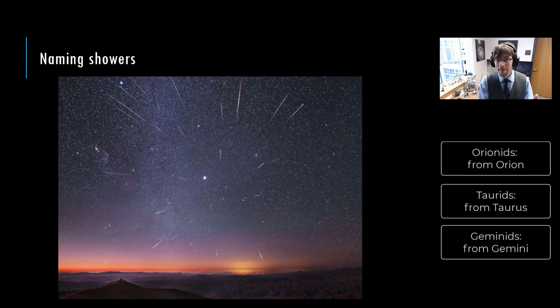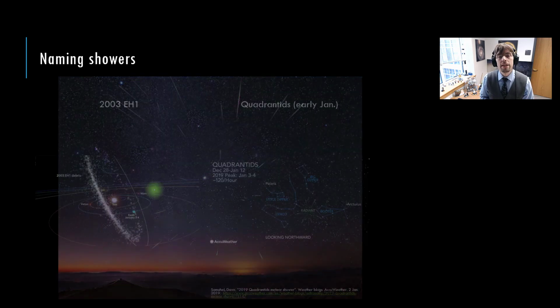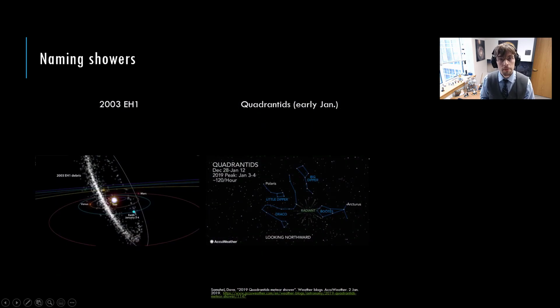Good? Cool. I thought I would give you at least one instance where that is not the case. And again, this comes back to the constellations and the naming conventions. That is the Quadrantids, which occur in early January.